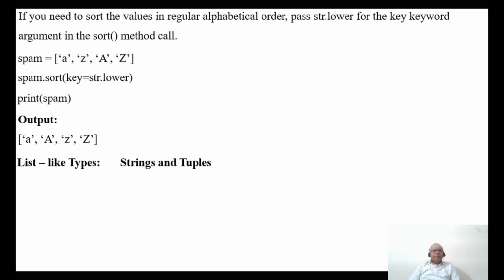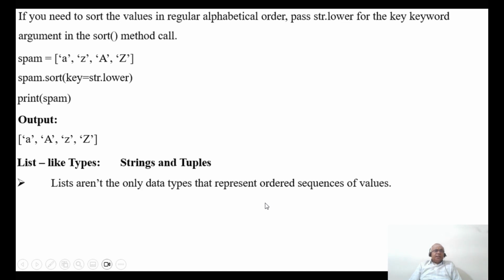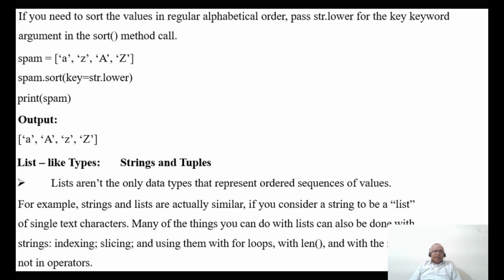So in this session, we will take up list-like types, that is strings and tuples. Now, lists aren't the only data type that represents an ordered sequence of values. For example, strings and lists are actually similar.